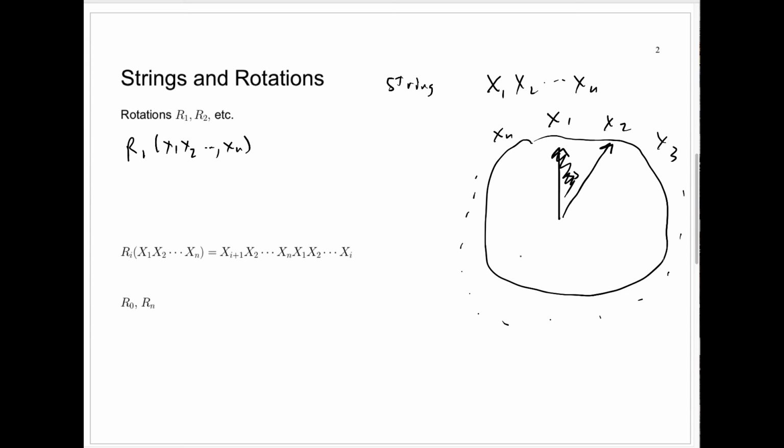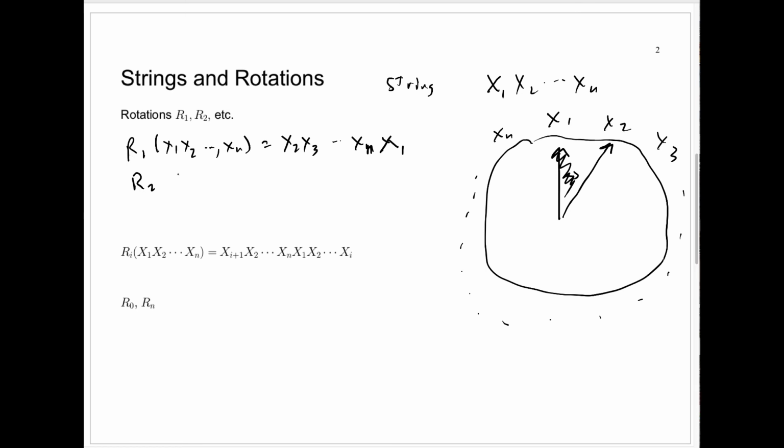We ignore that one. So that the new rotated string will start with x2 and go all the way up to x sub n, but then you have x1 coming at the end. R1 will be denoted a rotation by 1 position or 1 unit.